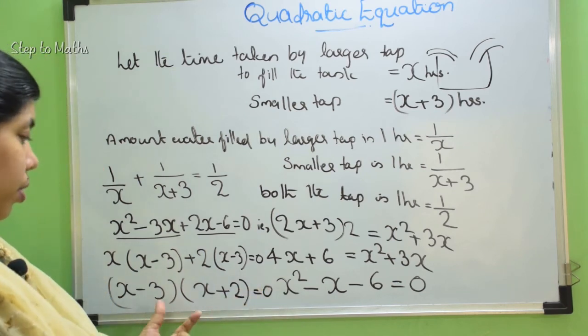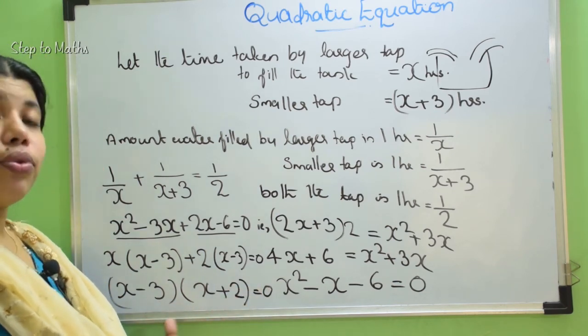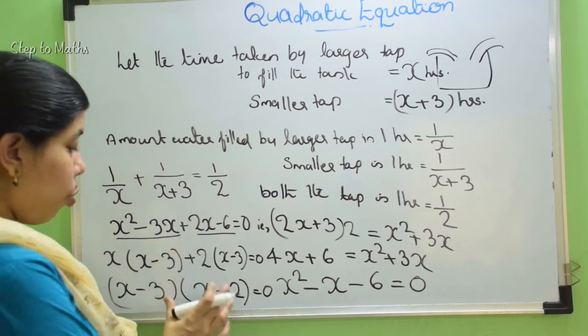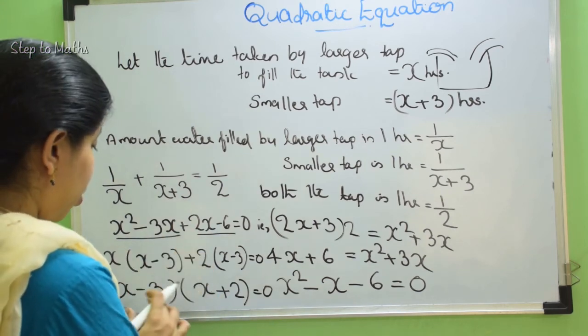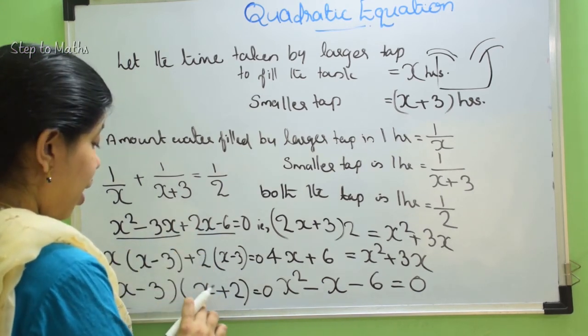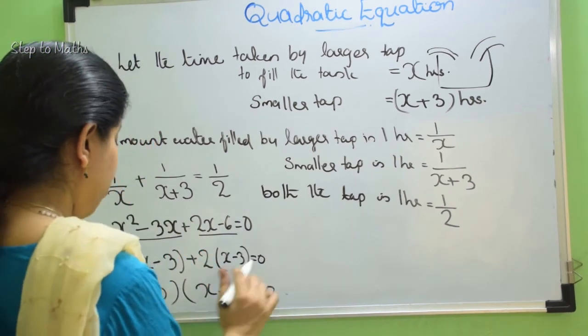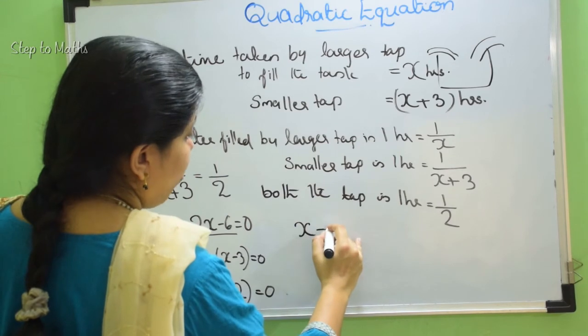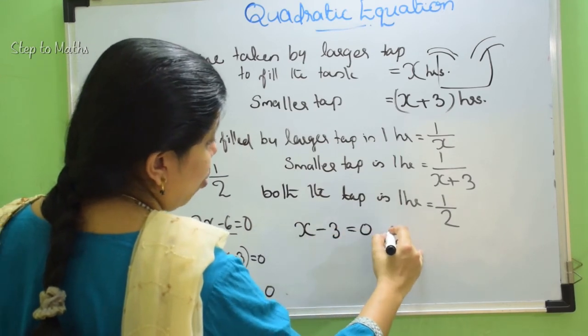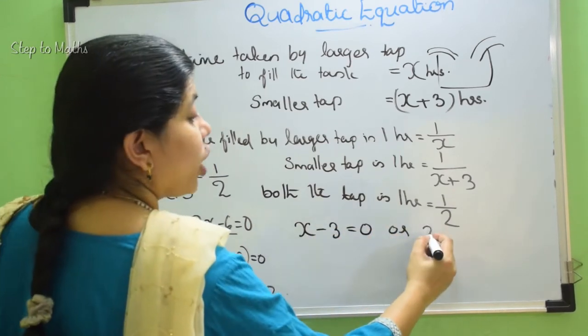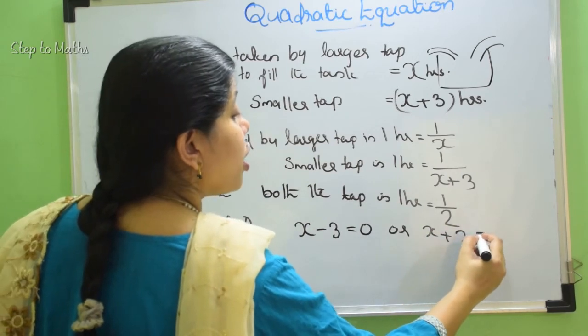What is the next step? The product of two terms equal to 0 means we equate each term to 0. That is x minus 3 equal to 0 or x plus 2 equal to 0.